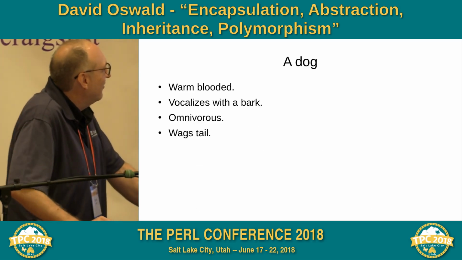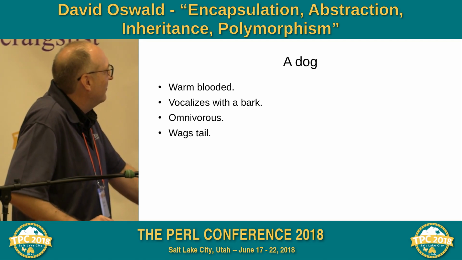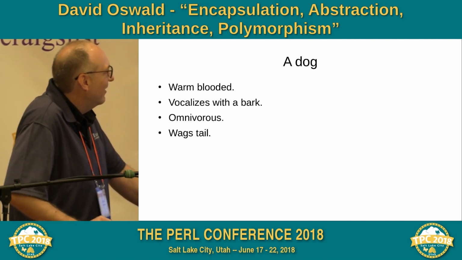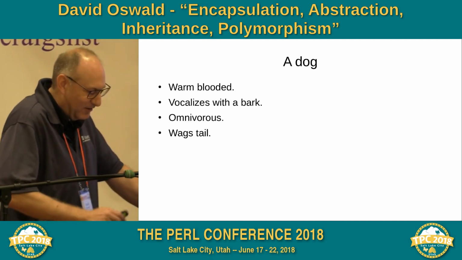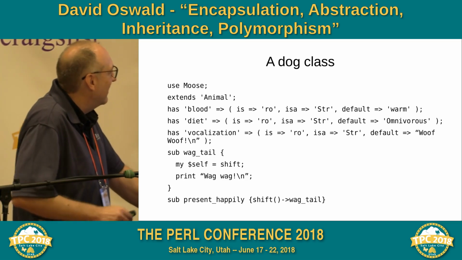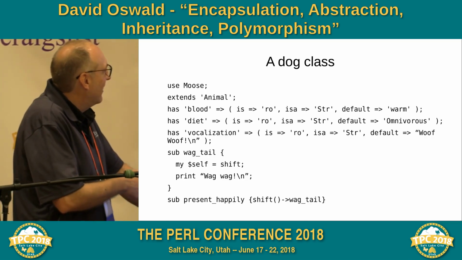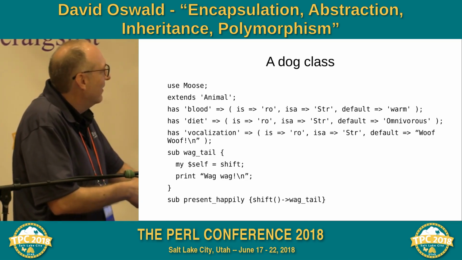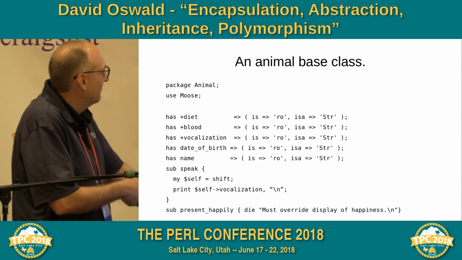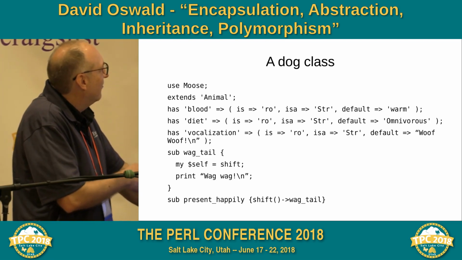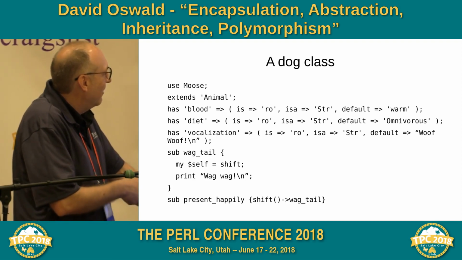So a dog is a warm-blooded type of animal that vocalizes with a bark and is omnivorous and presents happily by wagging its tail. And so let's go ahead and create that. We're going to say that our dog has a blood type of warm, and now we are overriding the blood type right here by providing our own blood type as we extend the animal base class. We also are going to override our diet and override our vocalization, and we're going to provide a wag-tail method.